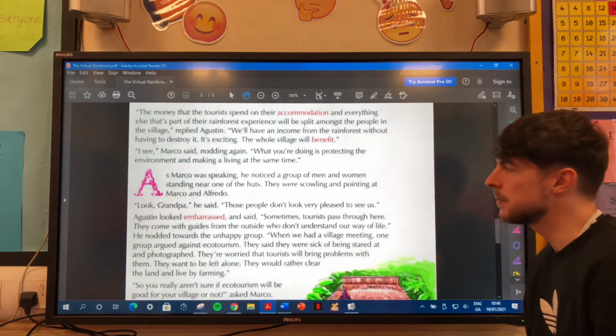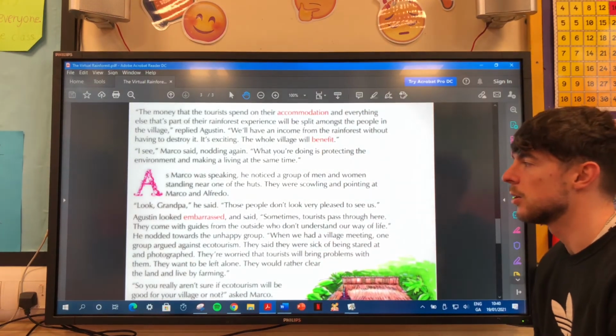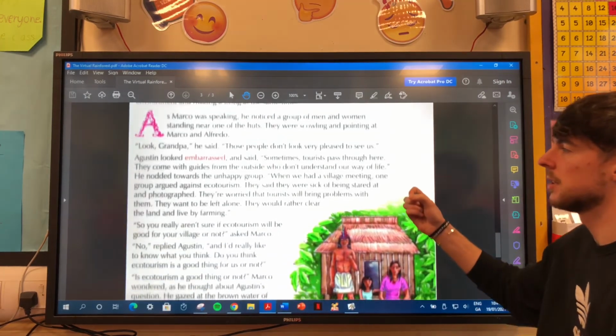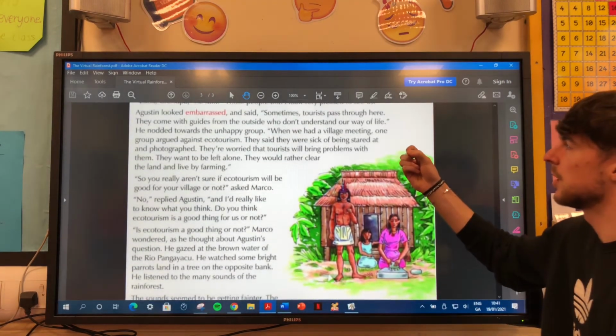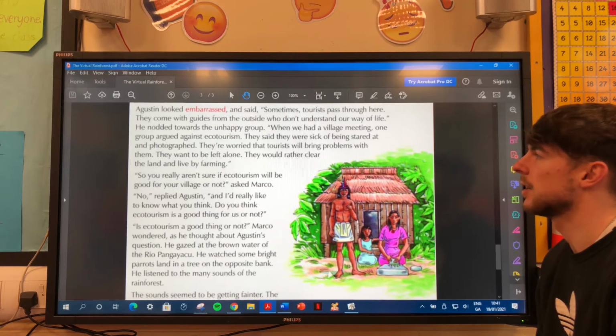As Marco was speaking, he noticed a group of men and women standing near one of the huts. They were scowling and pointing at Marco and Alfredo. "Look, Grandpa," he said. "Those people don't look very pleased to see us." Augustin looked embarrassed and said, "Sometimes tourists pass through here. They come with guides from the outside who don't understand our way of life."